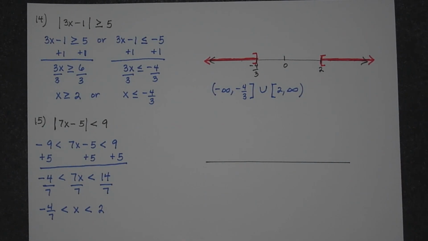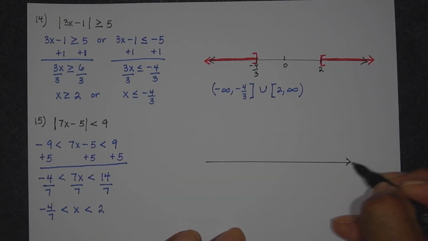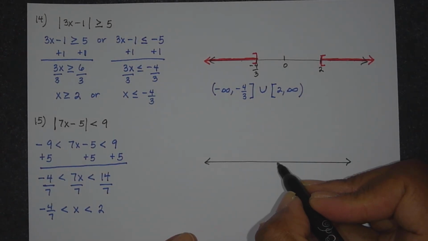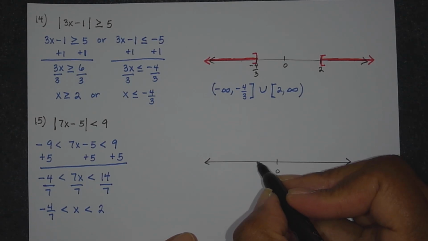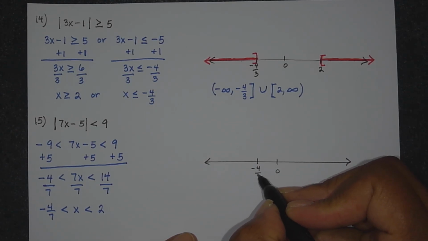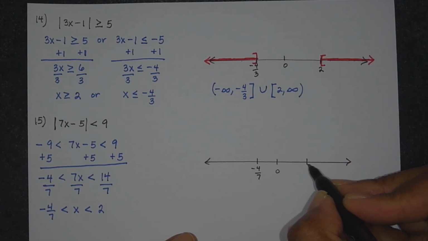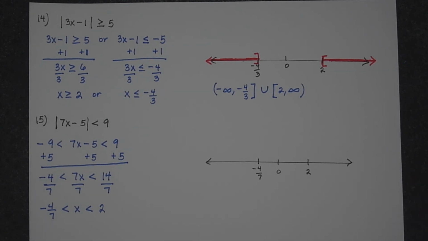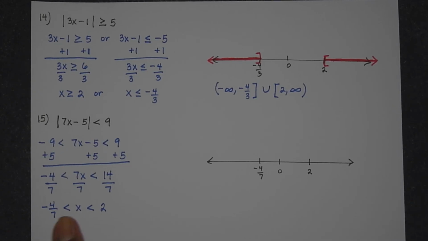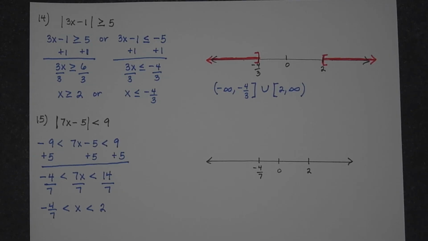Now we're going to graph the solution set on a number line that will be provided for you. You see 0 is here, negative 4/7 is somewhere over here, and 2 is here. Now for negative 4/7 and for 2, do I need brackets or parentheses? This time parentheses. They're both strictly less than.